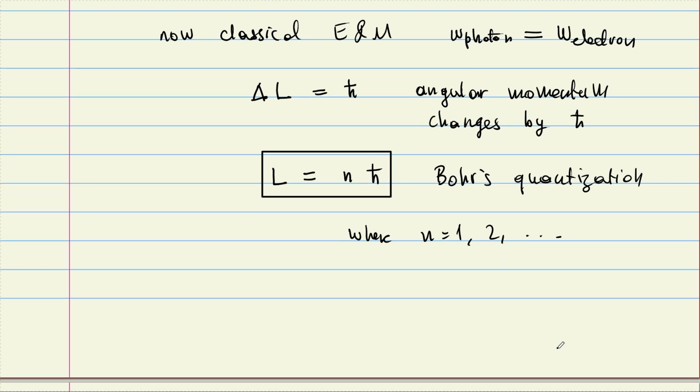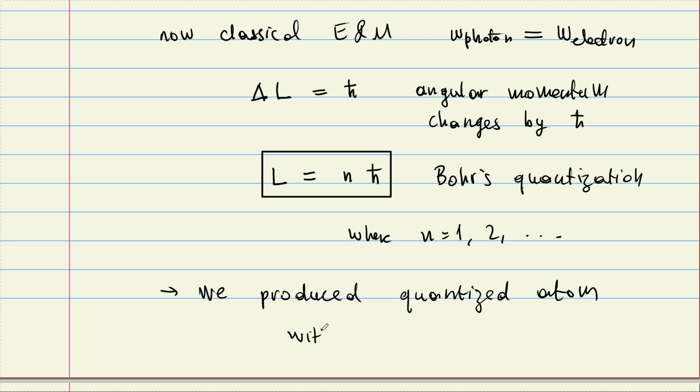Any questions or comments? Once you obtained the angular momentum quantization, you can reproduce all the results we produced by using de Broglie. Now the key is we produced a quantized atom without the de Broglie relation.